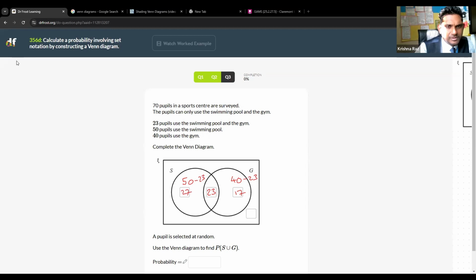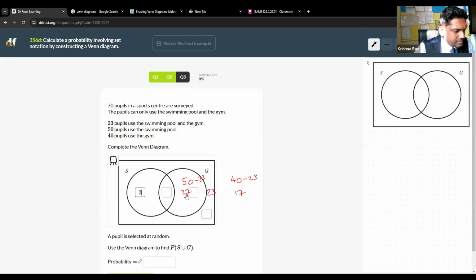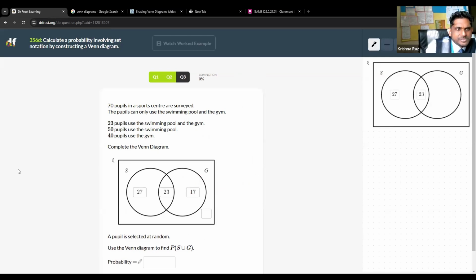And then we add that up. 27, 23, 17. And what's left when we subtract that from 70 must be in the bottom corner. So that plus that is 50. Plus 17 is 67. So that must be 3. Now we can answer the question.